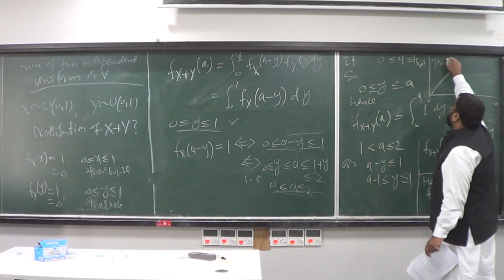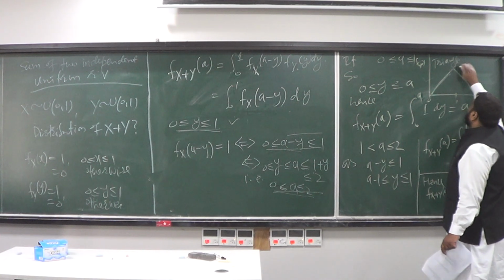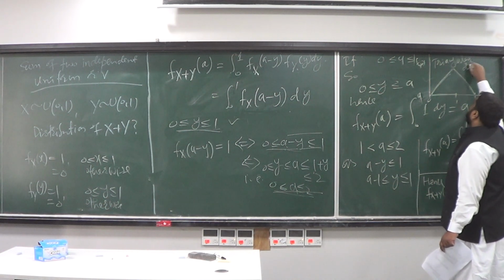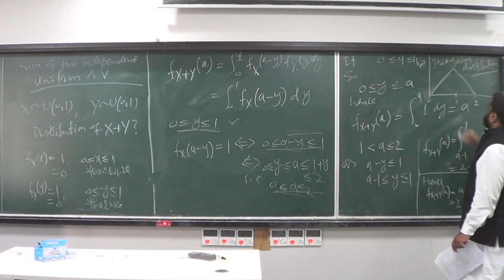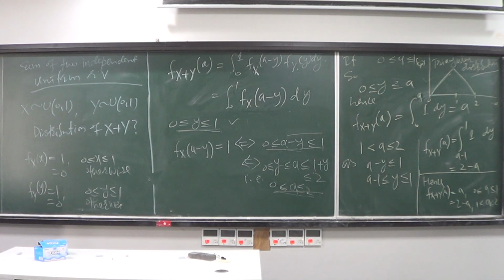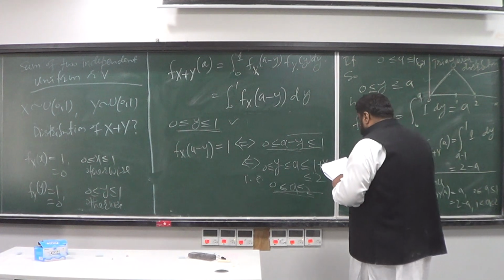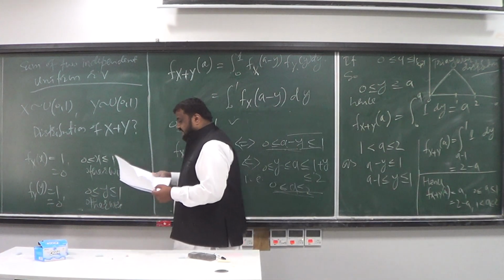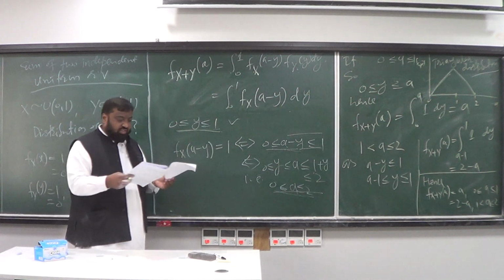So this is called the triangular distribution, which is not necessarily uniform. Hence, if x and y are two uniform distributions, their sum is not necessarily uniform, but it has a triangular distribution.